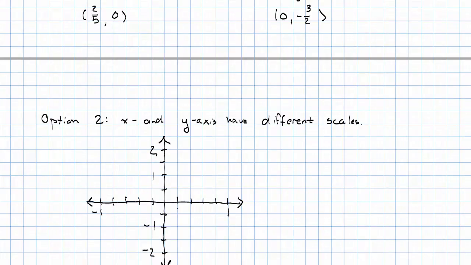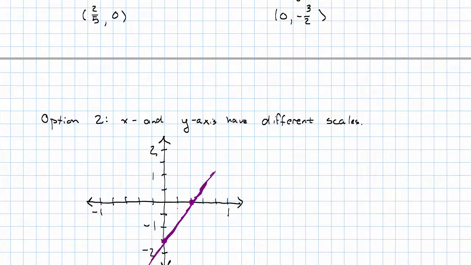And I just want to make sure that I have at least 2 tick marks on my horizontal axis, at least 3 tick marks on my vertical. So now I can plot x is 2/5, y is 0, y is negative 2/3, x is 0. And there's my graph.